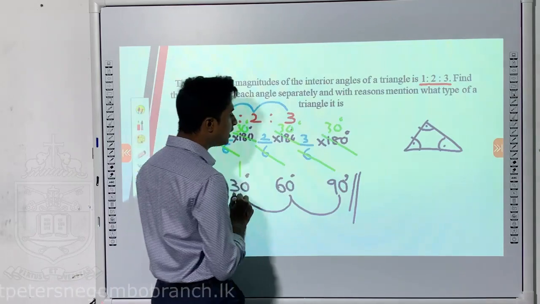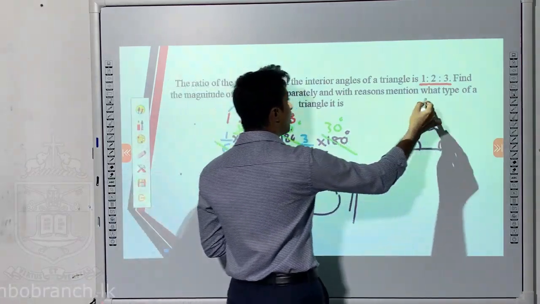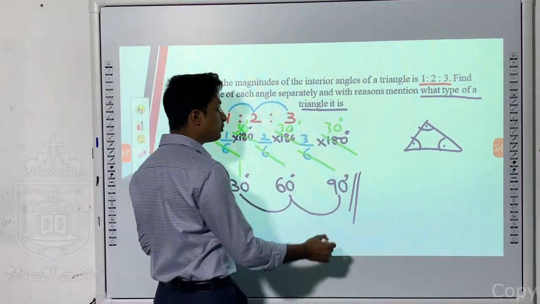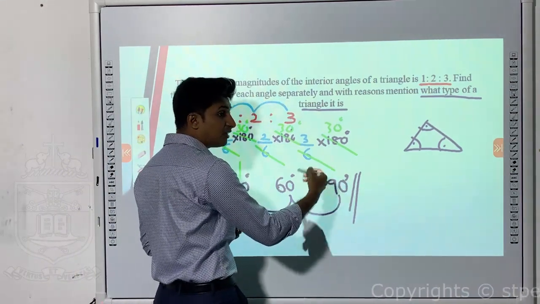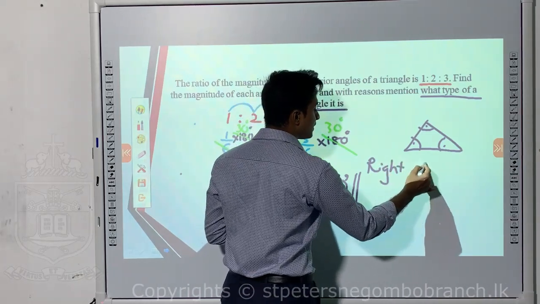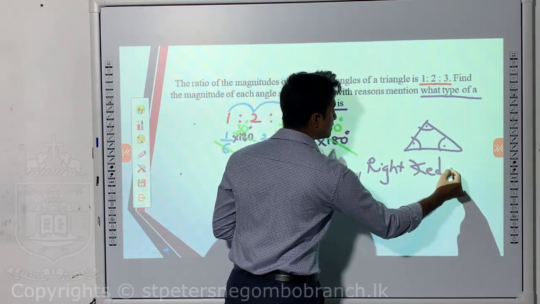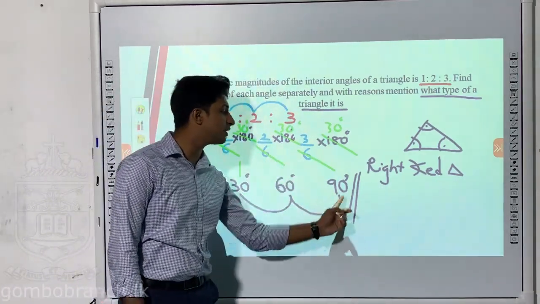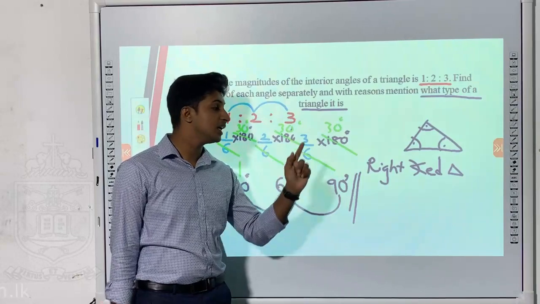That means, remember very carefully, they are asking you what type of a triangle it is. The type of a triangle is going to be, since you have one 90 degree angle here, right angled triangle.